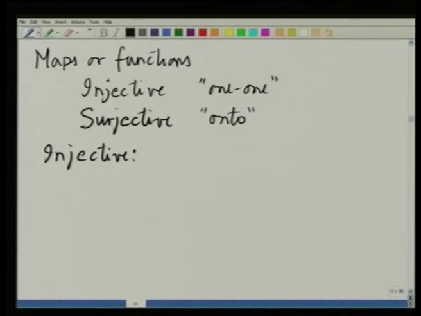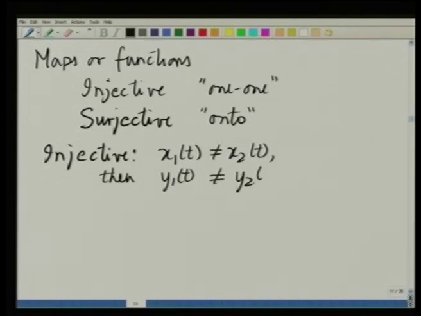If x 1 t and x 2 t are distinct, then y 1 t, the response to x 1 t, the output corresponding to x 1 t would not be equal to y 2 t. Different input signals will result in different output signals. Simple.